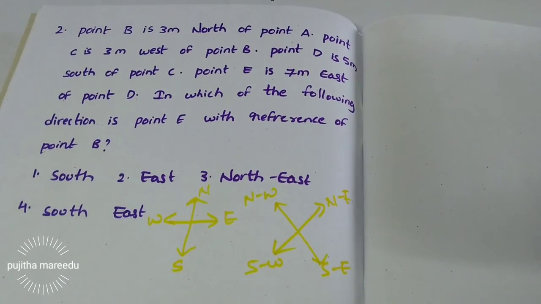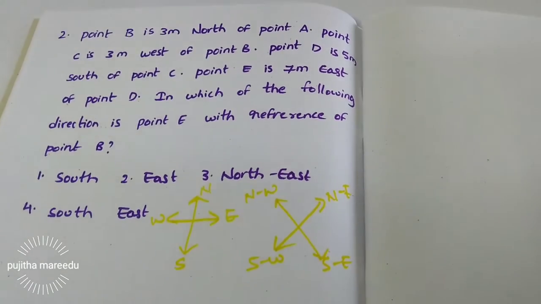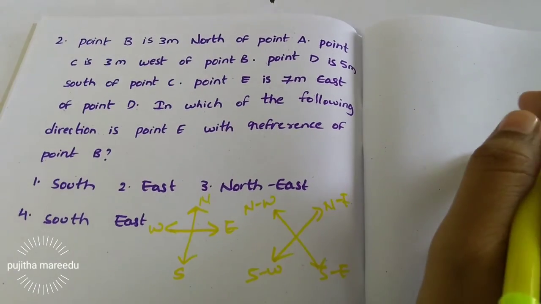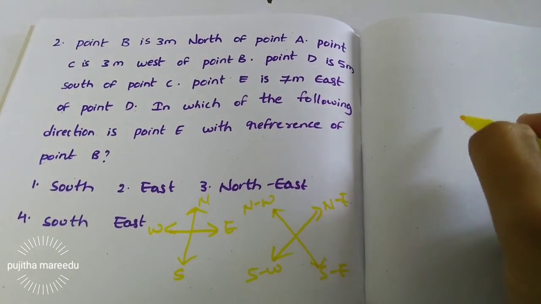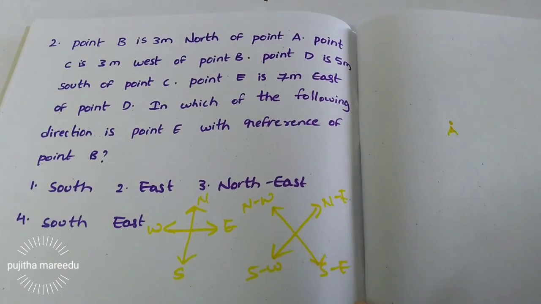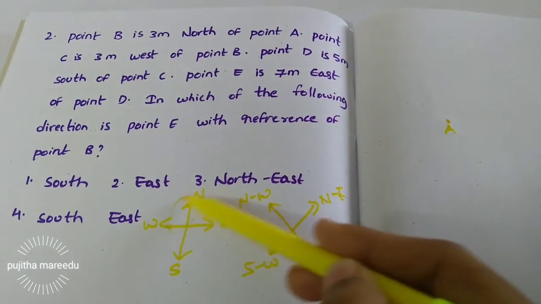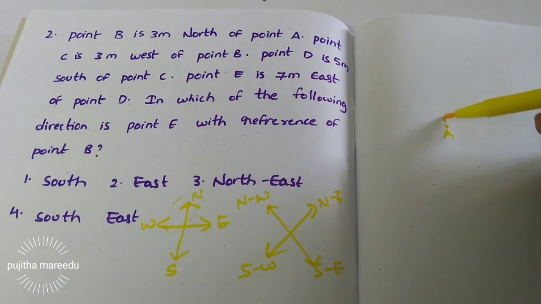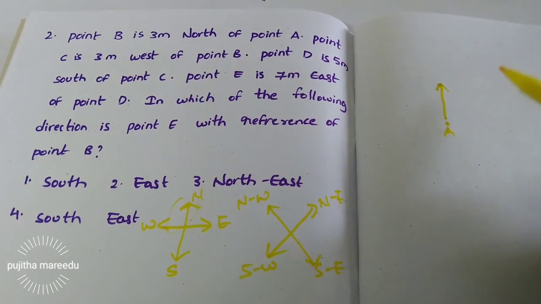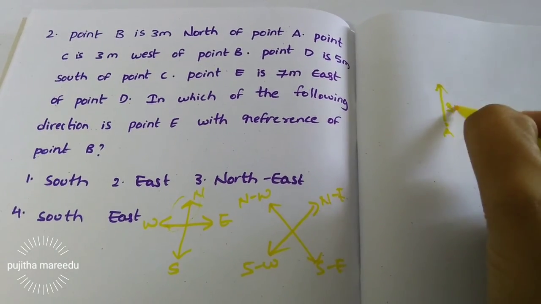Okay, now point B is 3 meters north of point A. Means this direction, 3 meters.